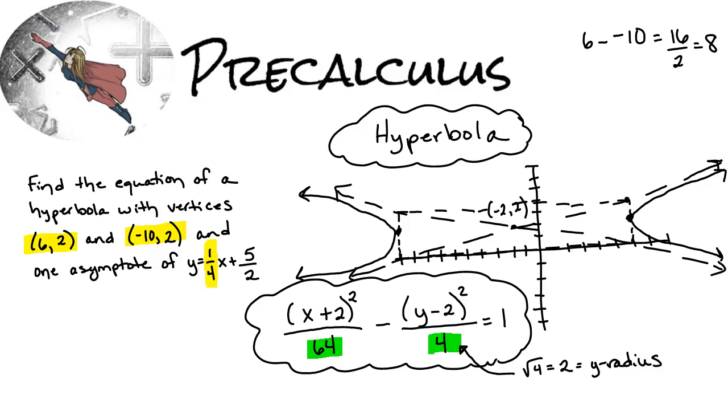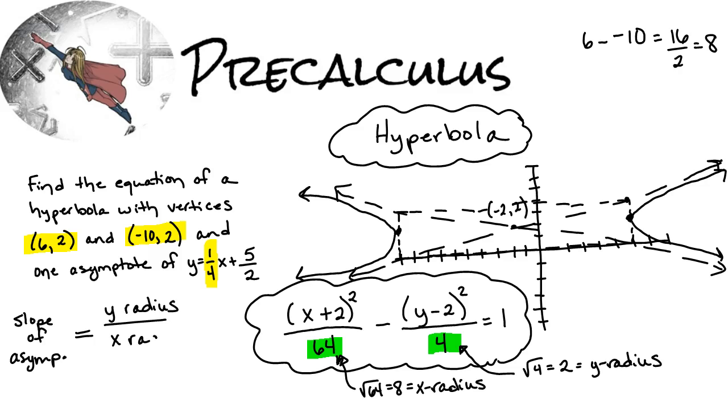And the square root of 64, which is 8, is what we call the x radius. Now, one thing that is always true is the slope of the asymptotes will always be equal to the y radius over the x radius.